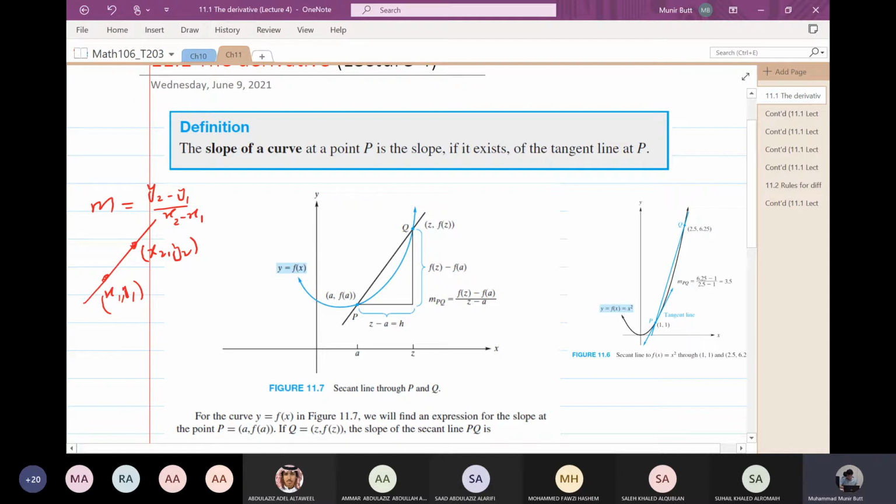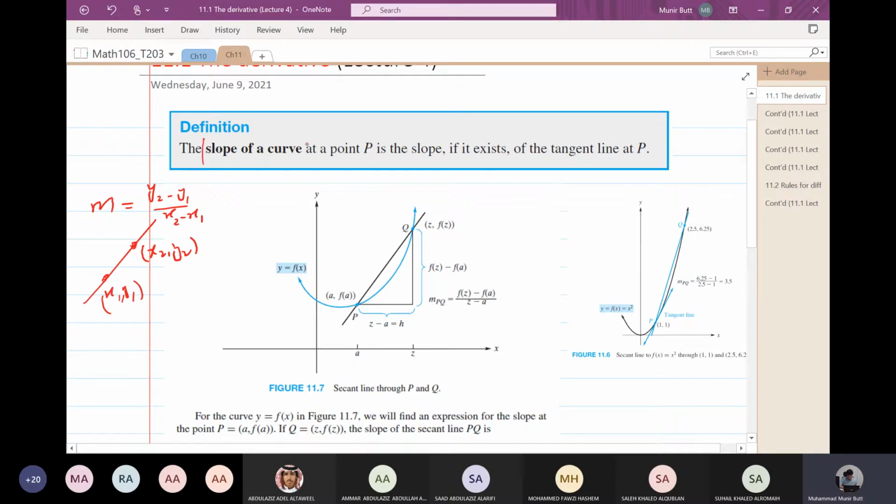But here we are talking about, for example, this blue curve. Now the question is: what will be the derivative or the slope of this curve? We know the slope of a line, but we don't know the slope of this curve. So we will learn this today.